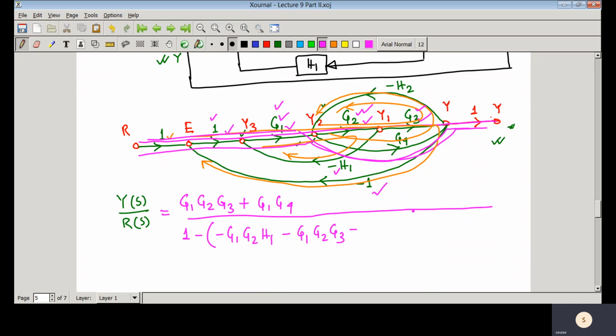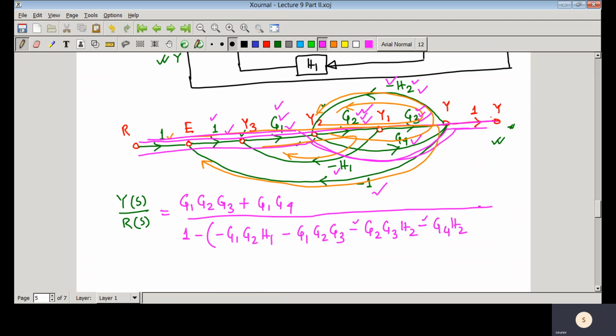Now there is another loop, this loop: G2 G3 with minus H2. Another one is G4 into minus H2, so that is minus G4 H2.